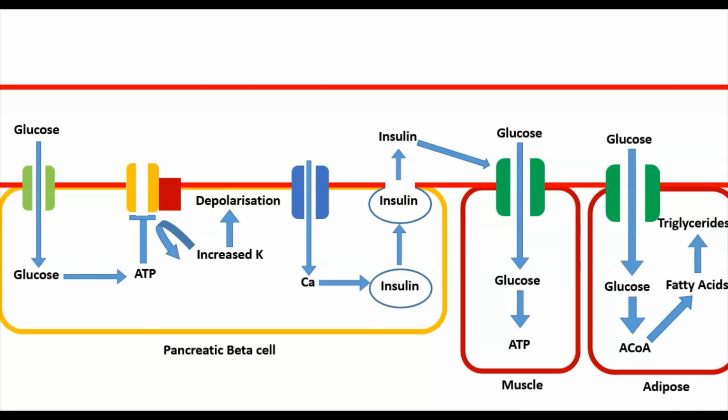These incretins are naturally secreted following the ingestion of food, but their levels can be further increased by taking dipeptidyl peptidase 4 or DPP4 inhibitors, which are the gliptins. Furthermore, GLP-1 agonists or the glutides can be given as subcutaneous injections.